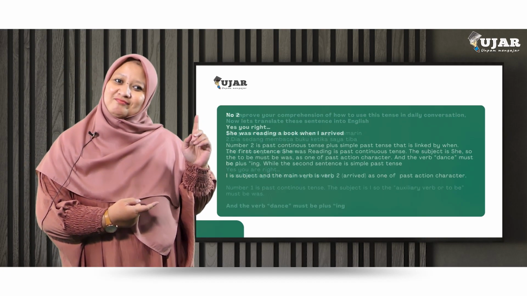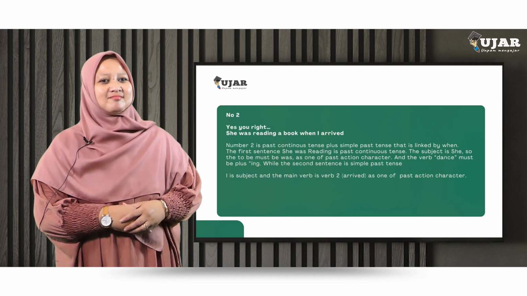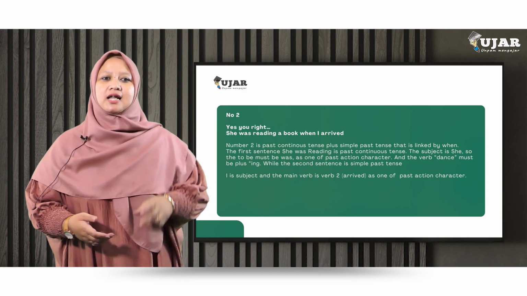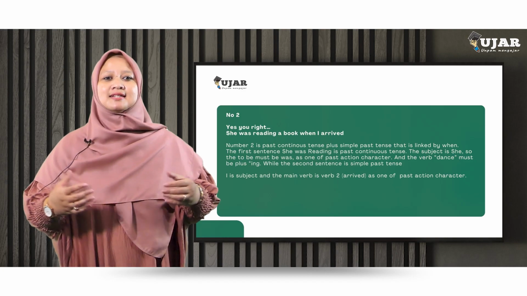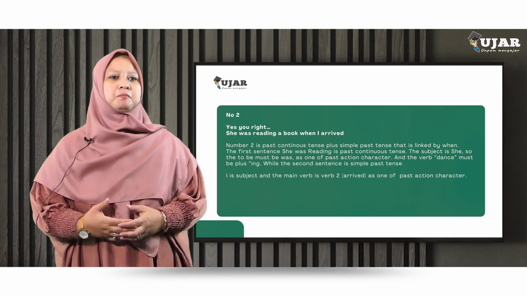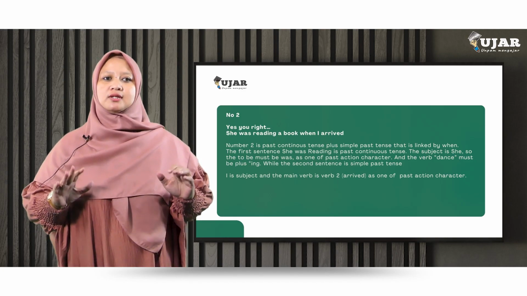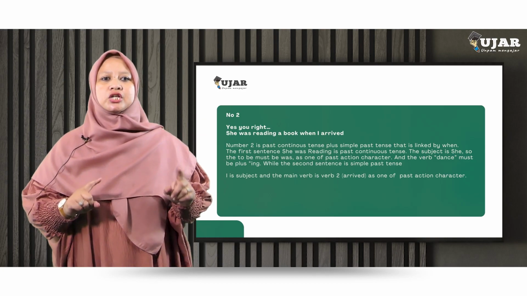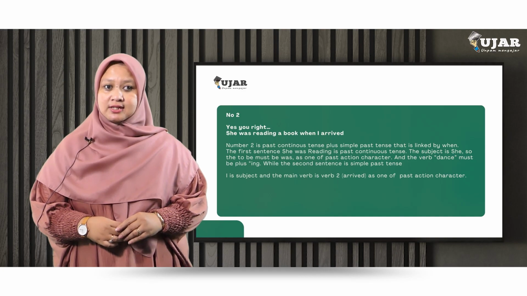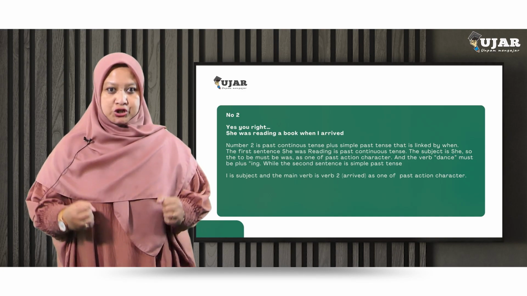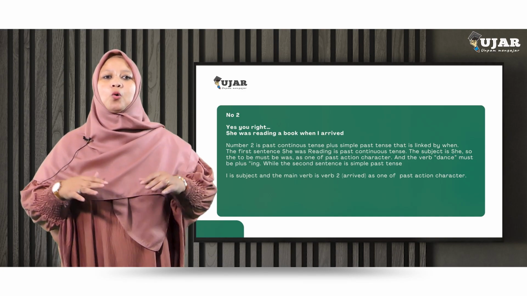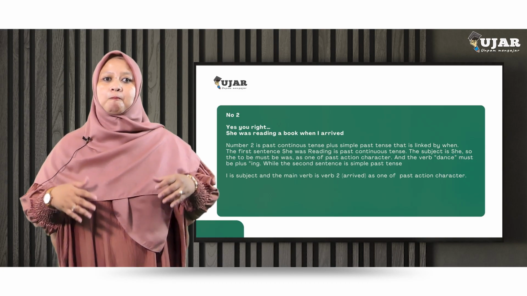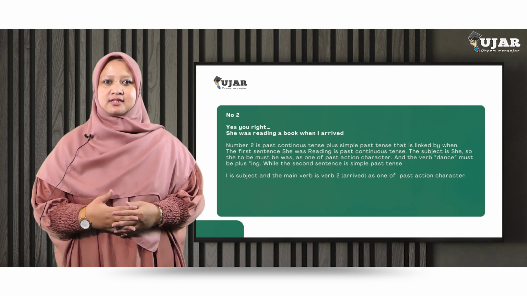Number 2, yes, you're right. She was reading a book when I arrived. Number 2 is past continuous tense plus simple past tense that is linked by when. The first sentence, she was reading, is past continuous tense. The subject is she, so the to be or auxiliary verb must be was as one of past action characters.